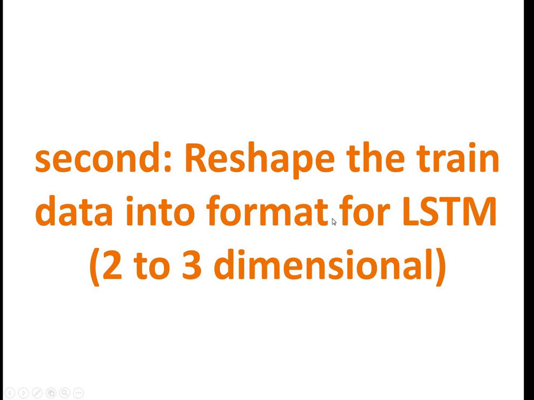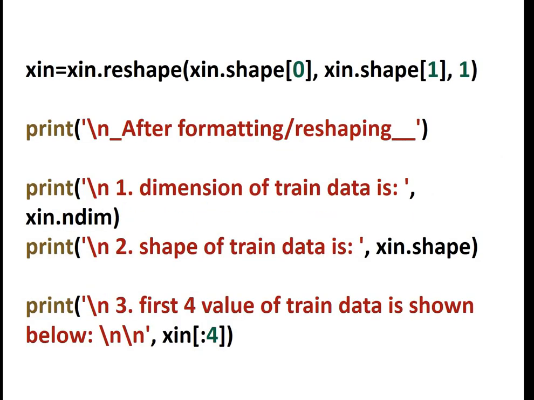Once you reshape, you are ready to push this into an LSTM. LSTM expects a 3-dimensional data format, and the third dimension is simply 1, because this is a univariate time series. So x_in is equal to x_in.reshape, 390 by 10 by 1.